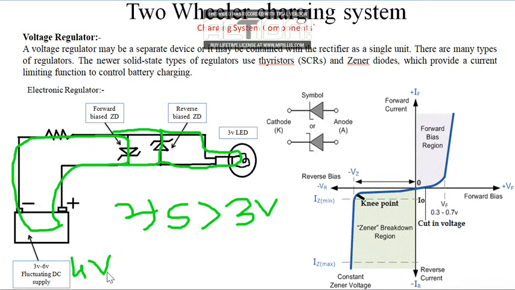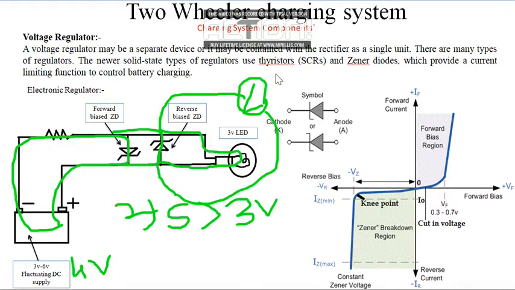How is it possible? If you observe the reverse bias case, the Zener voltage remains the same whether I am supplying 4 volt or not. If I connect a voltmeter across the two terminals of the Zener diode, I get a reading of just 3 volt, because I have selected a Zener diode with a Zener voltage of 3 volt.